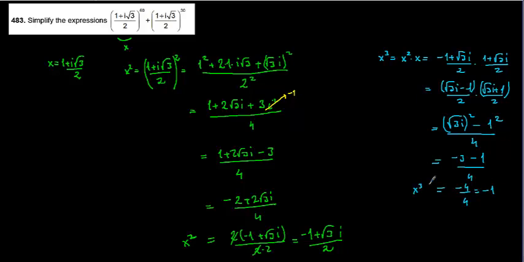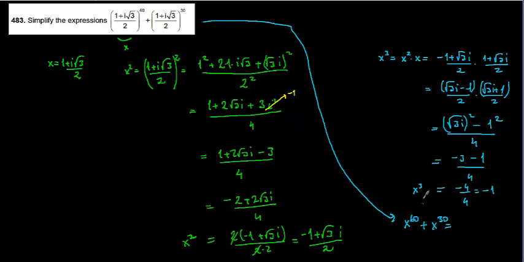This is the number that I want to get, because it's easy to write x to the power of 60 in terms of this. Now I write the expression again: x to the power of 60 plus x to the power of 30.